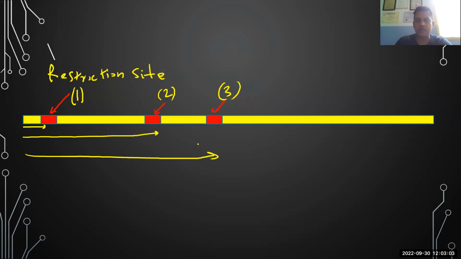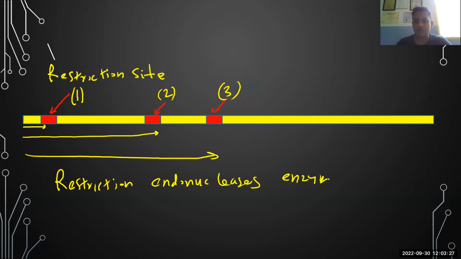And what is the function of the restriction site? These restriction sites are the specific area for restriction endonucleases. Restriction endonucleases are enzymes. And what are these enzymes specific for?